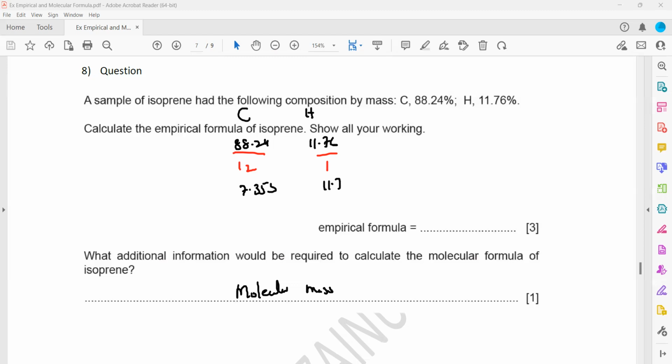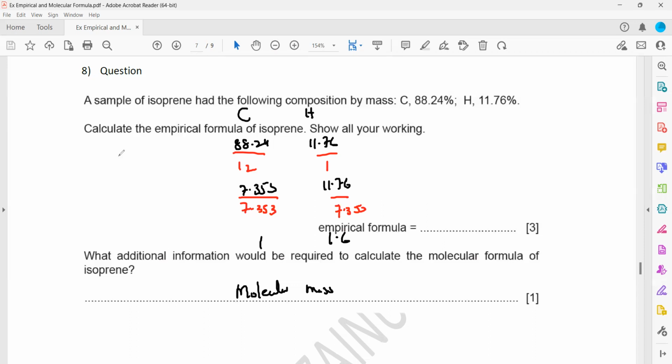And this will be 11.76. Then we divide by the smallest value, 7.353. Then this will be 1 and this is 1.6. Now it is 1.6. Again, the problem is we cannot round off.